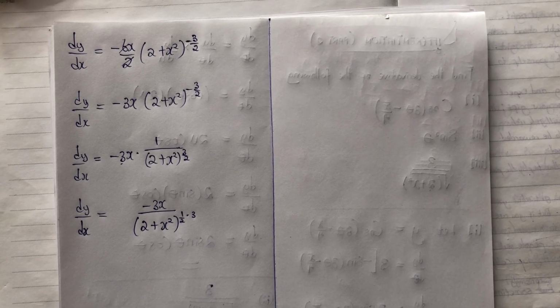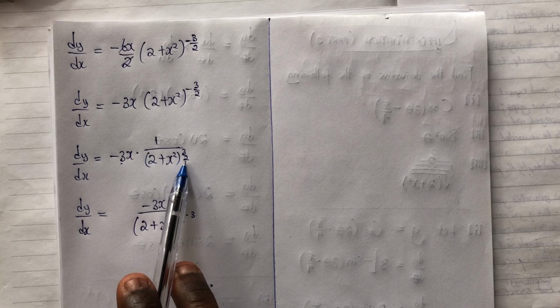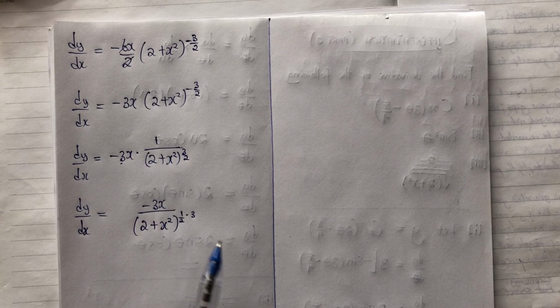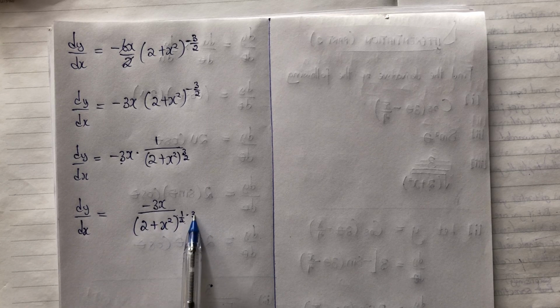Now I want to teach you something. This is indices, so when I look at this, when I multiply this by 1, I'll still get 3 over 2. But I want to change this to square root because the question was given to me in a square root form. So now 1 over 2 will give us the square root of this, then everything to the power 3.